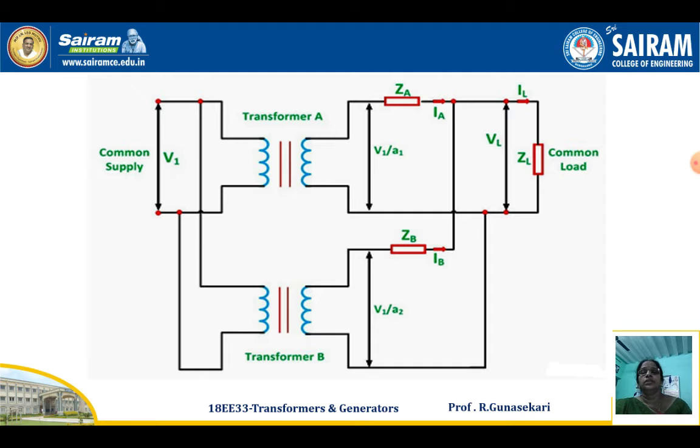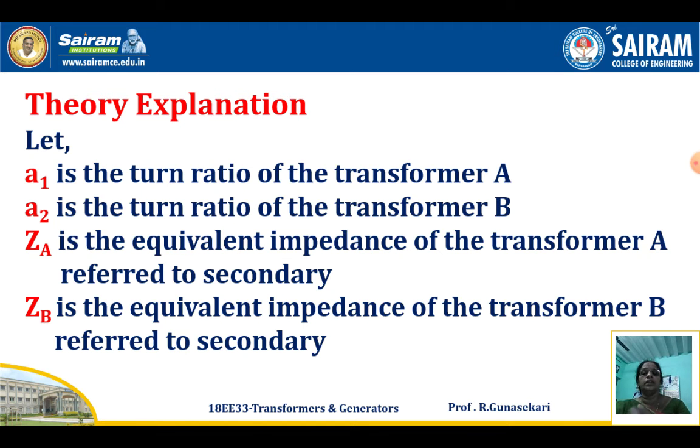V1 represents the supply voltage, which is common supply. Transformers A and B, ZA, ZB, IA, IB, and then IL, VL, ZL. That is the common load. Then V1 by A1 and V1 by A2. So these are the terms. Now I will explain all the terms.